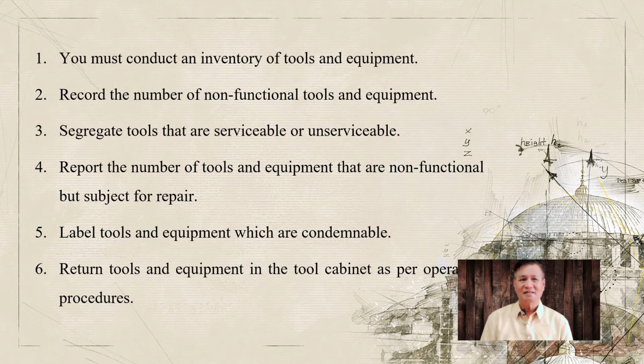Next is record the number of non-functional tools and equipment. Third, segregate tools that are serviceable or unserviceable. Next is report the number of tools and equipment that are non-functional but subject for repair.